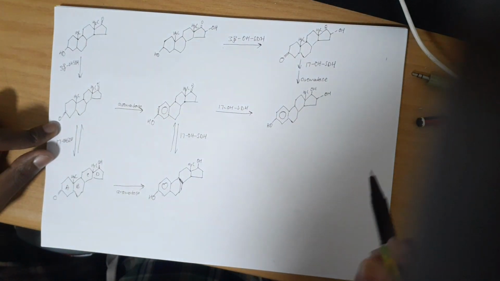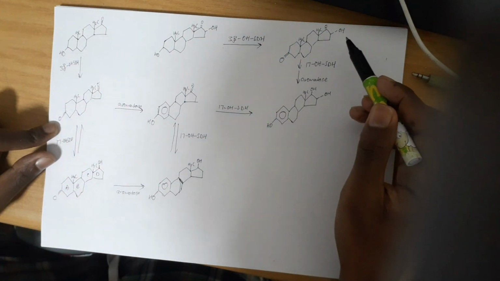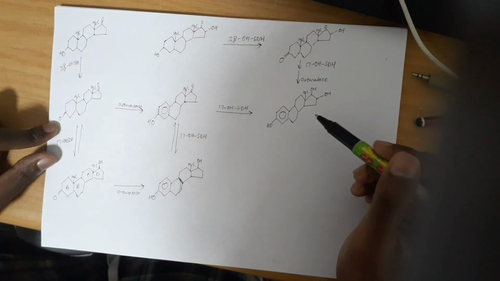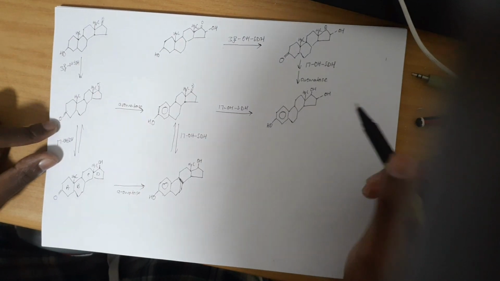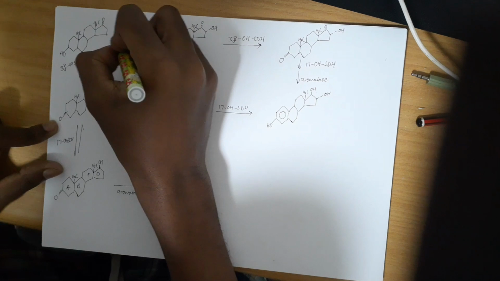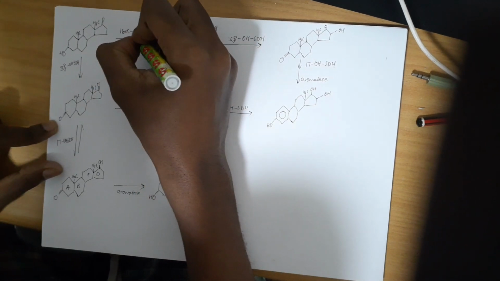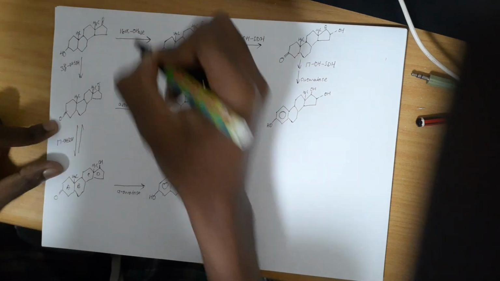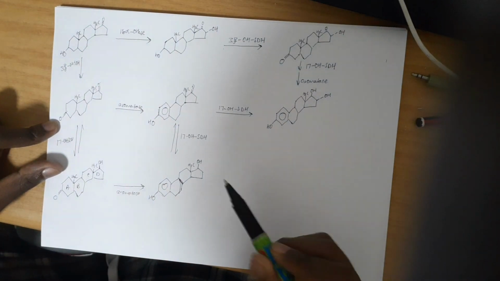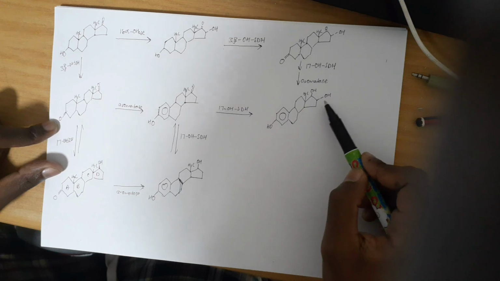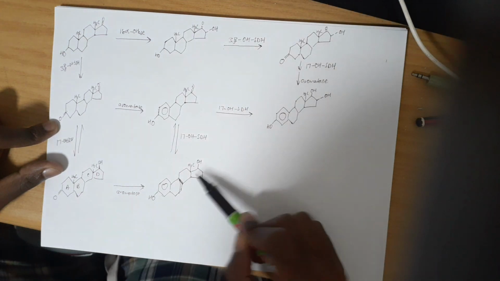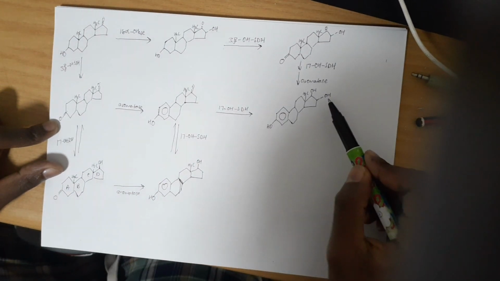Now, whenever we find an OH on position 16 from a compound which did not have it there, it means that we had 16 alpha-OHase. So now we search for everywhere where there wasn't an OH on 16. From here to here, you can see there's no OH here and there is an OH there.